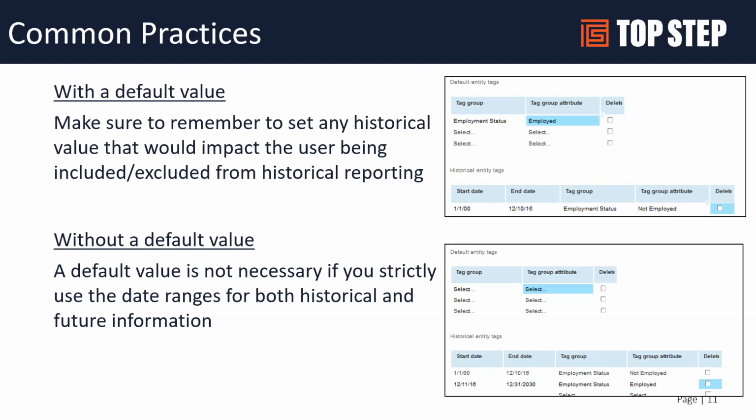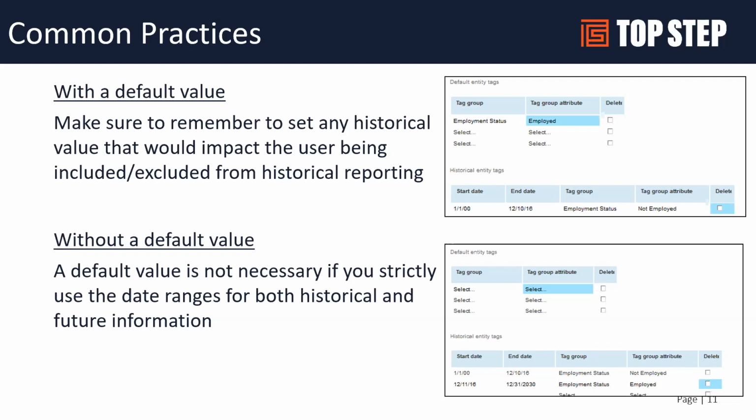Most of our reports don't go back that far. If they did, it would take quite a while to run, I imagine. And then if you have the end date set to 12/10, for example, 12/10, 2016 here, what we're effectively saying is that this resource was hired on 12/11, 2016.